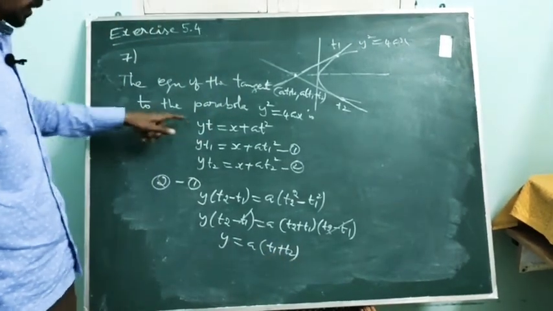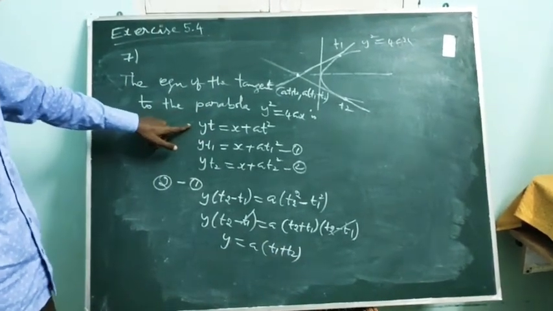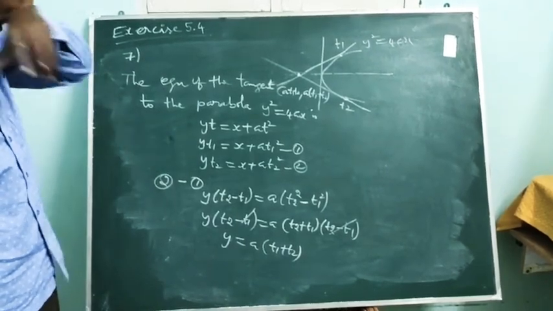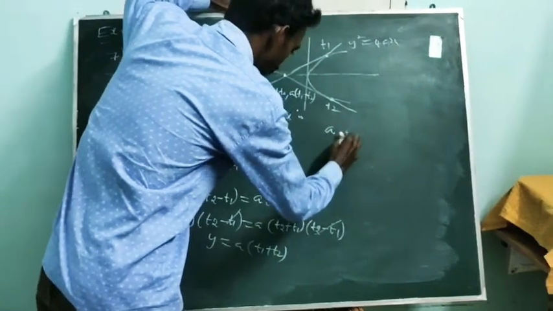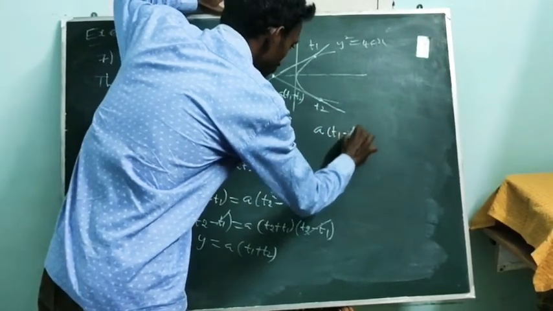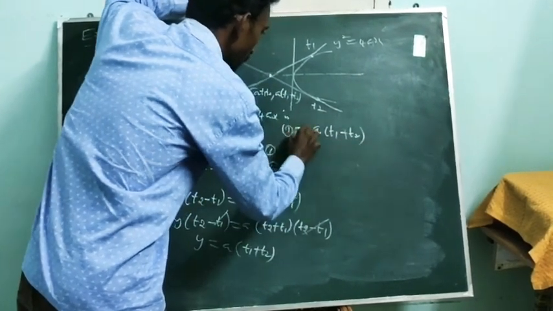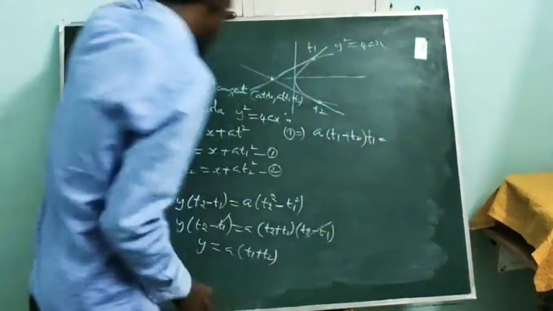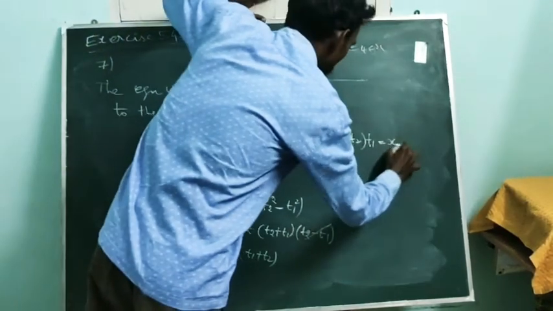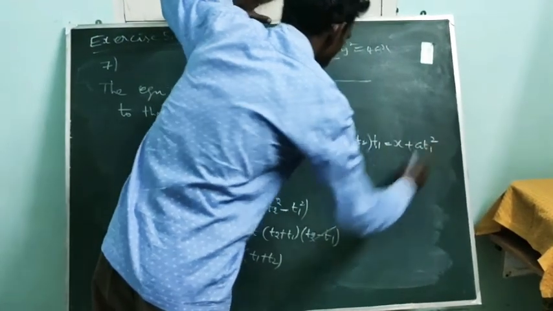Just put it in equation number 1. Put the y value here. So a into t1 plus t2, into t1 equal to x plus a t1 square.